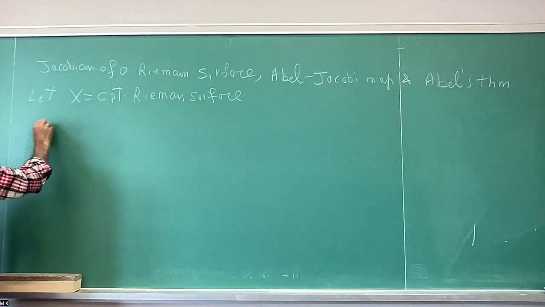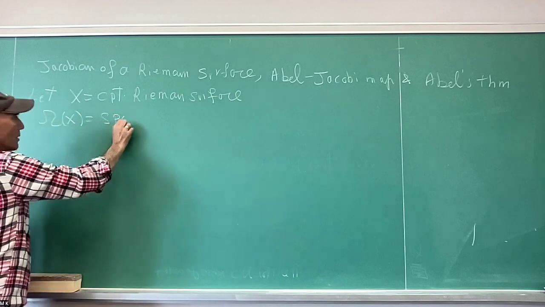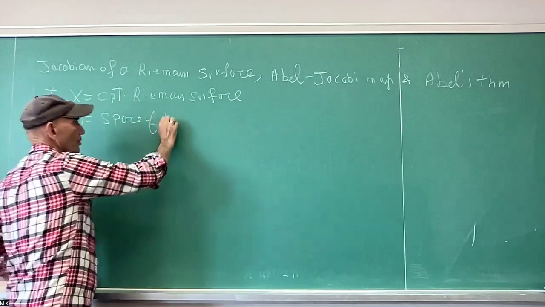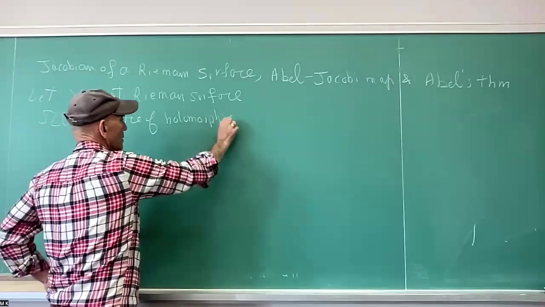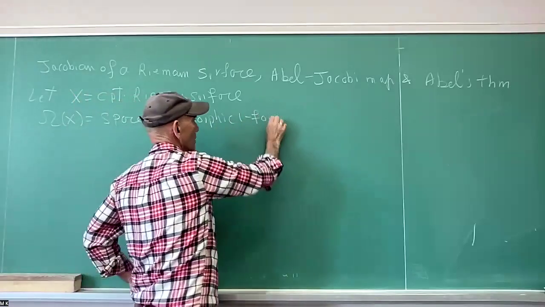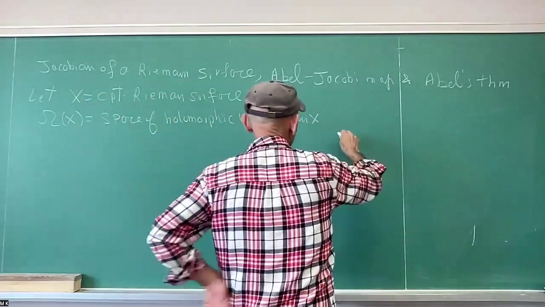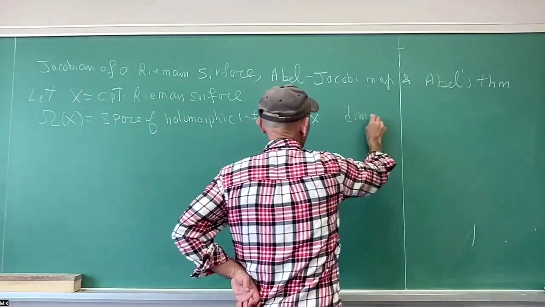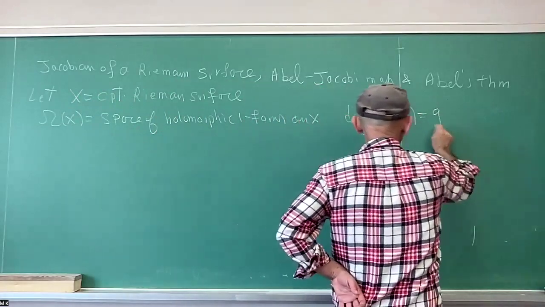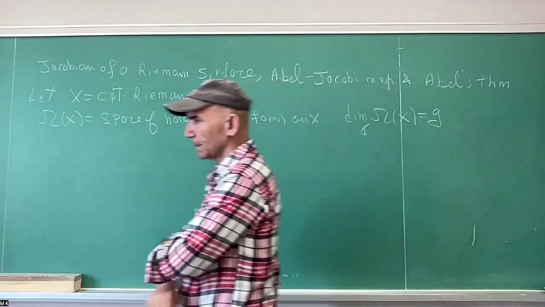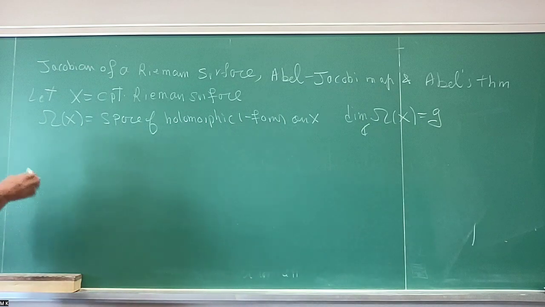Omega of X is the space of holomorphic one forms on X. Of course, as we discussed many times, I'm using the fact that the dimension of omega of X over C is G. So it's a complex vector space, like everything we do is over C. And in fact, it's also a real vector space.